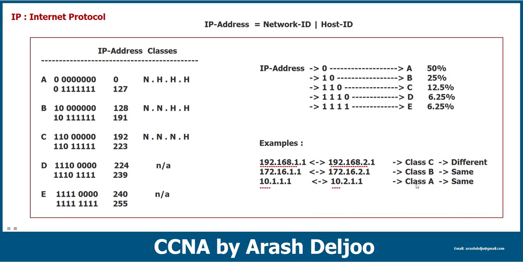Look at here. In the third example, 10.1.1.1 and 10.2.1.1, you can see we don't have the same address in the first two octets, 101, 102. But because we only need to compare the first octet, these two addresses are residing in the same network. But in the first example, you can see the first two octets are the same, but we need to compare the first three octets, okay, three octets.